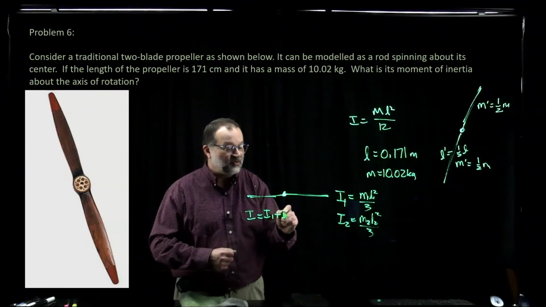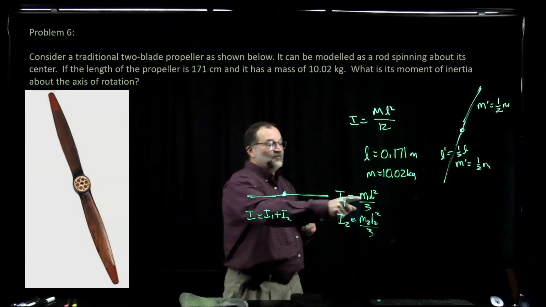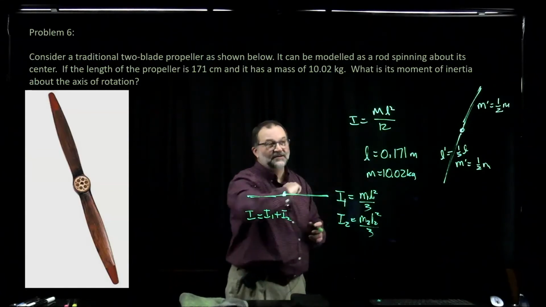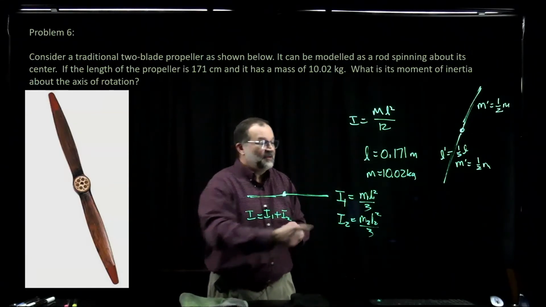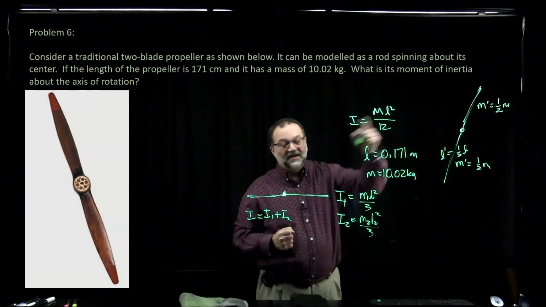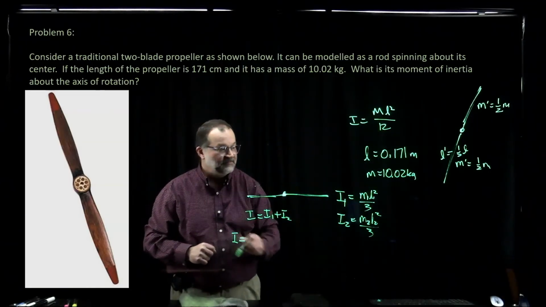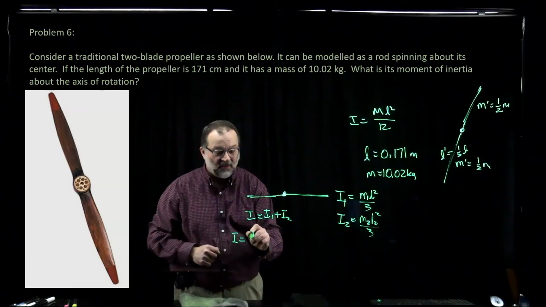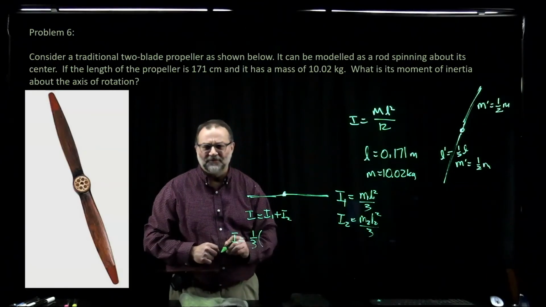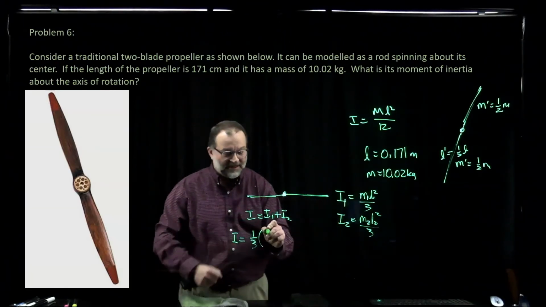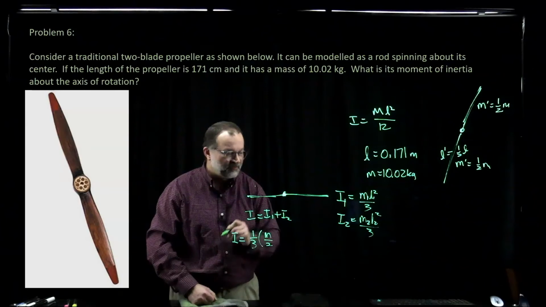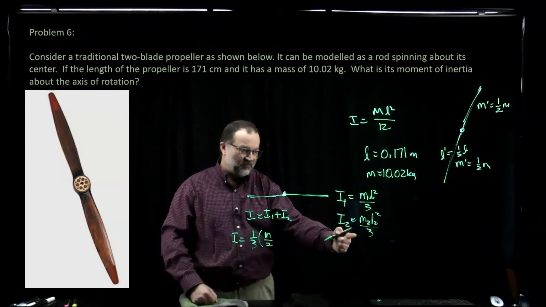Well, M1 is half of M, and L1 is half of that L. And so what do I get? I've got 1/3. I'm just going to pull the 1/3 out front. M1 is M over 2, M2 is M over 2.